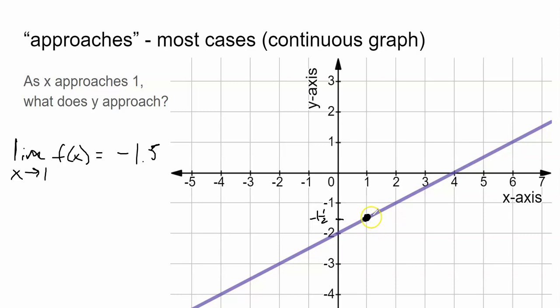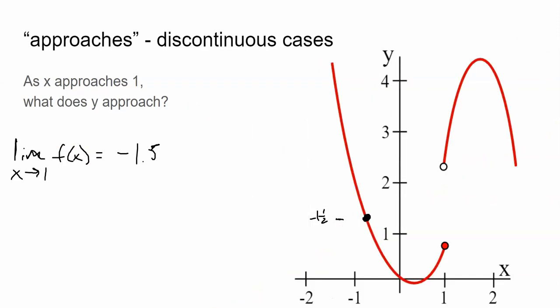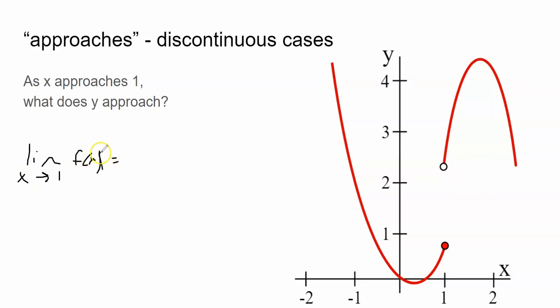Now let's take a look at the next question. Here we have a new graph. Same question. As x approaches 1, what does y approach? So I'm going to write that statement out one more time here. Limit as x approaches 1 of f of x equals what?